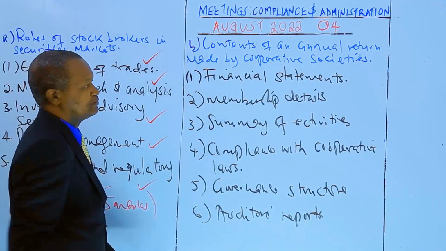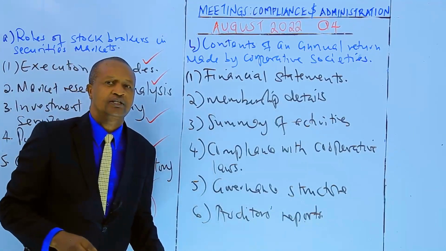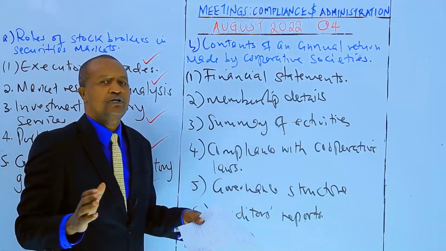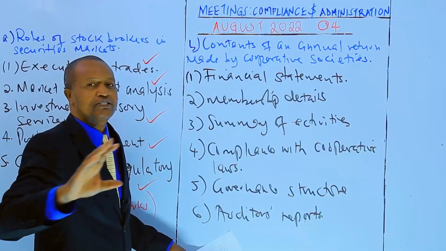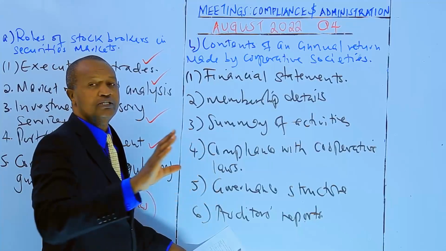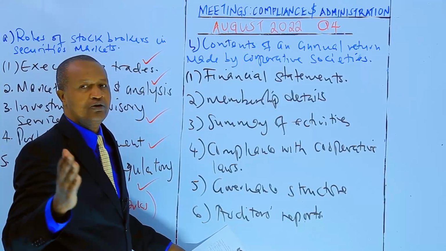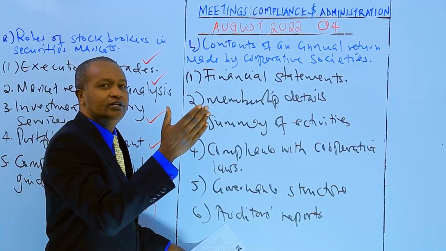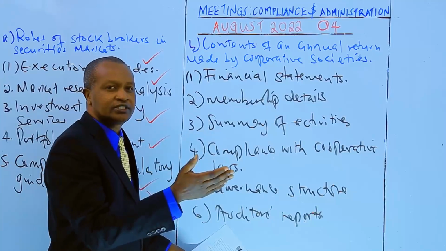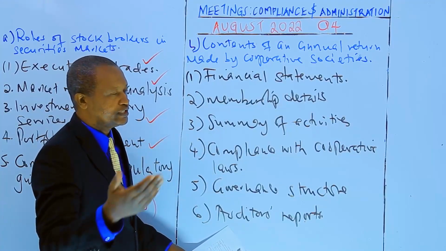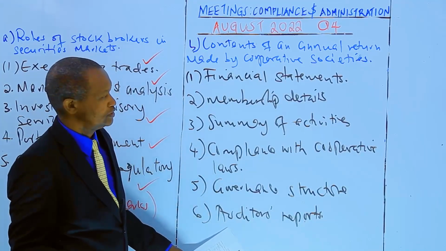Number 2, membership details. The annual return includes information about the society's membership, including the number of members, their names, their addresses, shareholding, and also contributions.